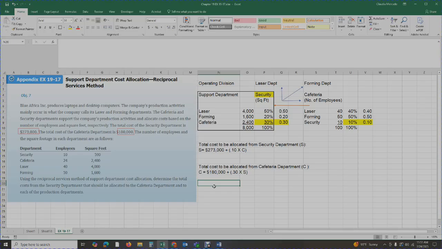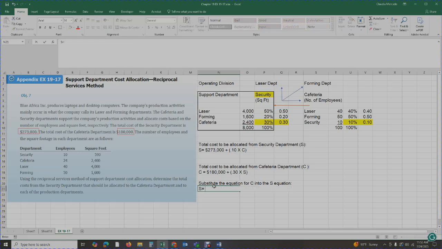So now that we have these two equations, we're going to merge them. We're going to substitute the equation for C into the S equation. So we're going to get S from above.